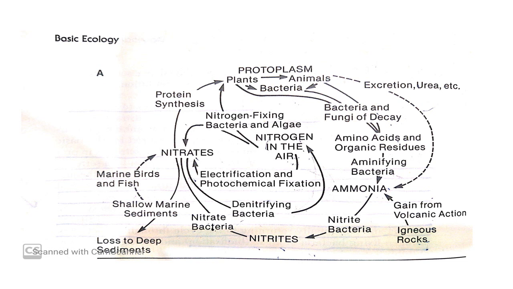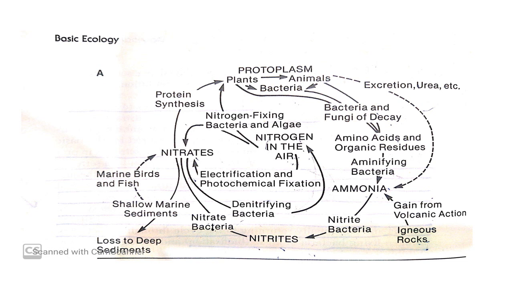The nitrates are generally recycled again and again in the marine and deep sediments and the shallow marine sediments. The nitrates go to the shallow marine sediments, from where they are lost to the deep sediments. However, shore birds, marine birds and fish take up these nitrates, and they are recycled back to the land.